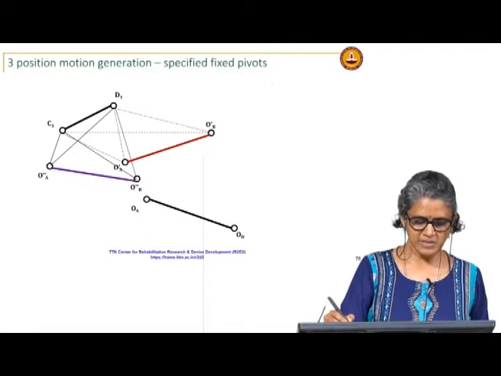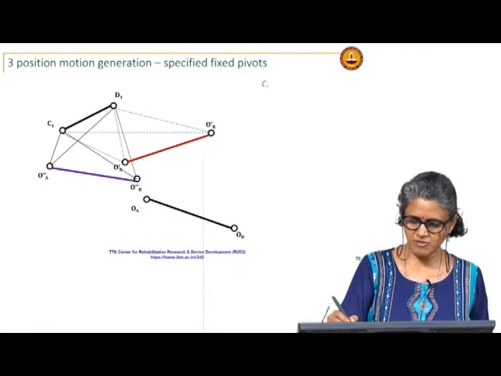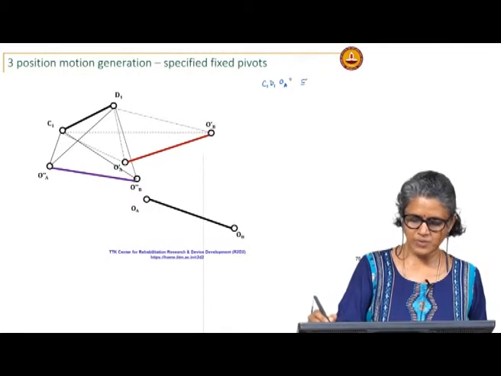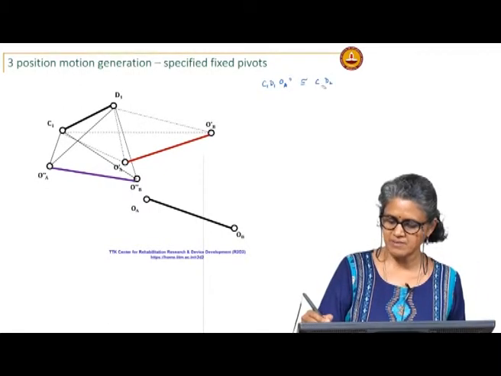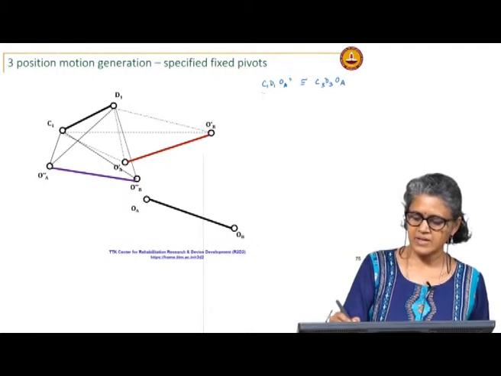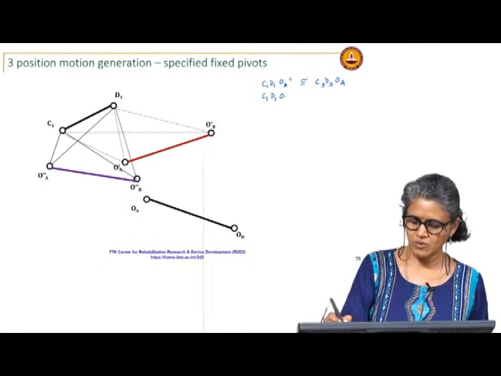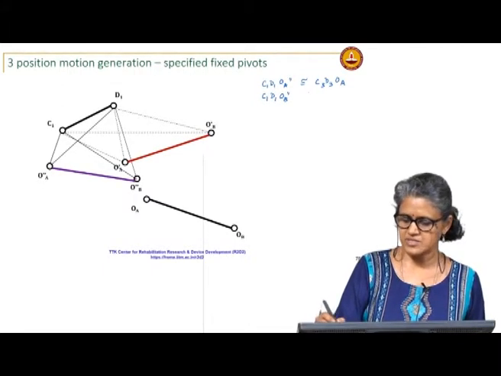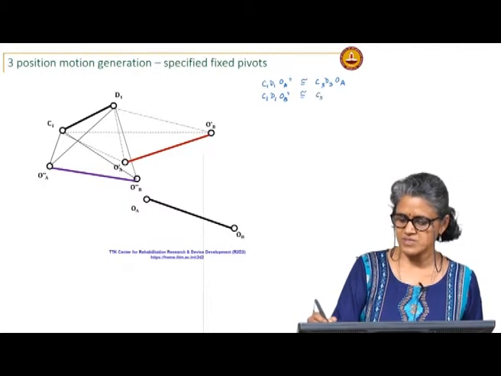So, OA double dash OB double dash will be from triangle C1 D1 OA double dash is congruent to C3 D3 OA, and C1 D1 OB double dash is congruent to C3 D3 OB. Okay.